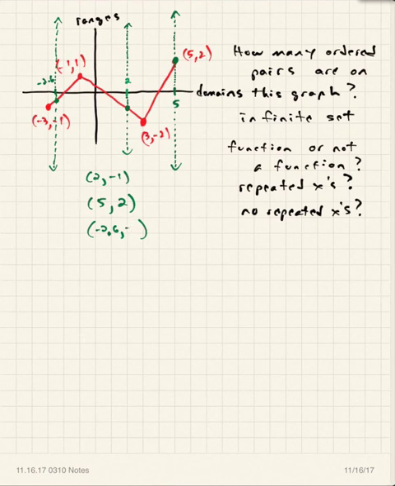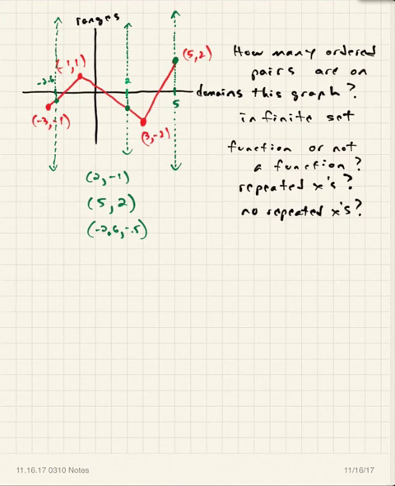So let's say -0.5. The idea is that when you pick an x value that's part of the domain, if you look along a vertical line that goes through that x value, how many places does that vertical line intersect the graph? And if it just intersects once, then you don't have any repeated x's, right?